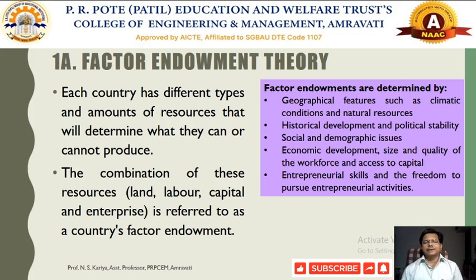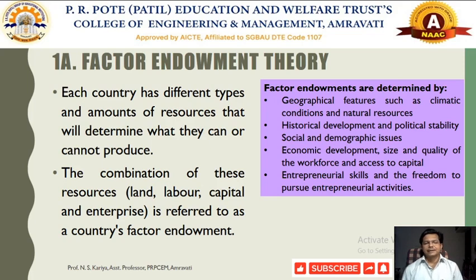Now, wherever countries are self-reliant in producing some particular goods or services, if they are producing more or in excess, then they can think about taking their products or businesses international. In that case they will conduct international trade.